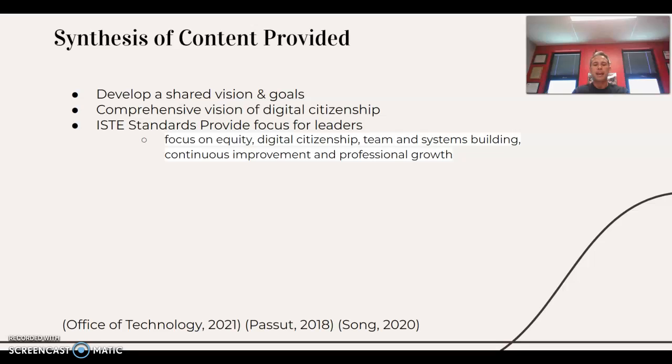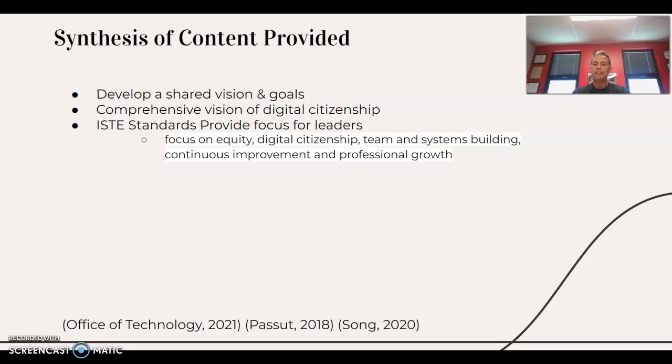So looking at the equity, leaders are using technologies to increase equity, inclusion, and digital citizenship practices. Then when we think about the visionary planner, leaders are engaging others in establishing a vision and having a strategic plan and an evaluation cycle and looking at technology in that process.